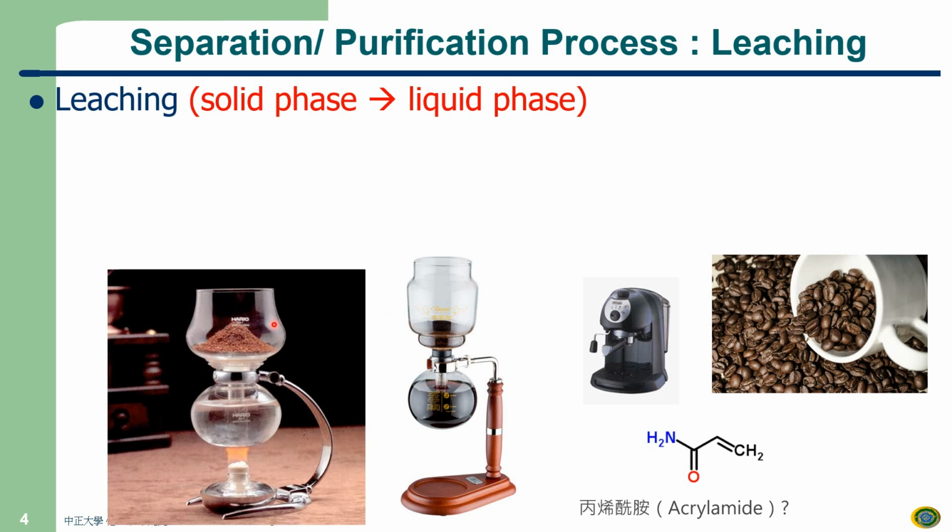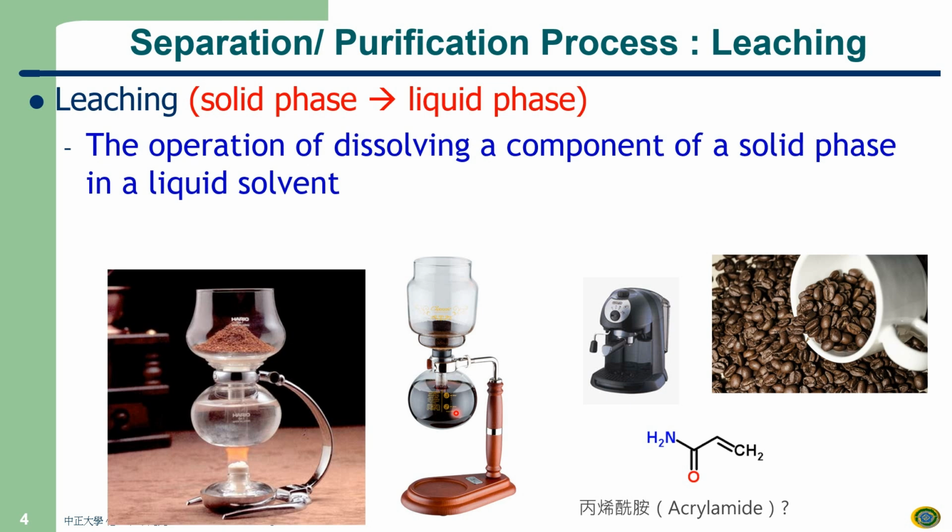For example, this is powder. This is the powder of the coffee bean, right? And you pour hot water into this pot, so you can get coffee. Okay. So the operation of dissolving a component of the solid phase in a liquid solvent is called leaching.